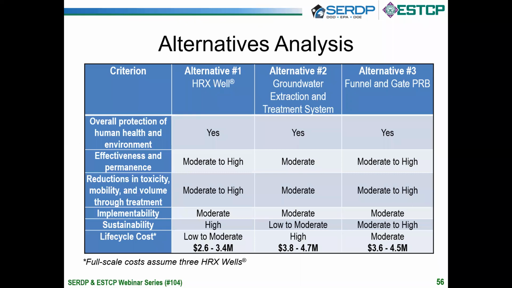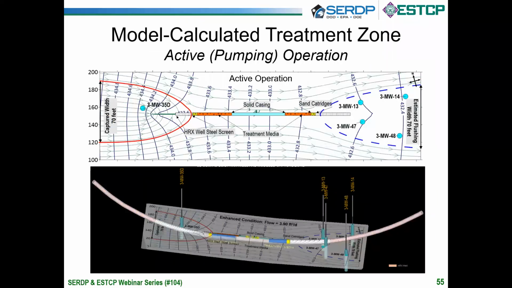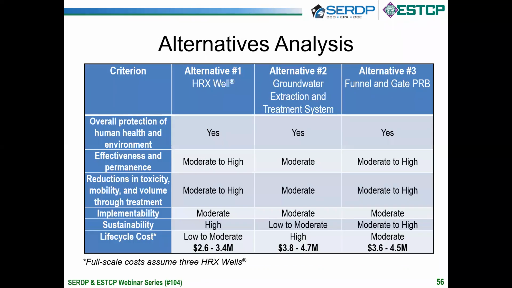I'll just highlight, in this particular scenario with that little bit of enhanced pumping, again, we're not talking about large flows and we're not bringing water to land surface, so the energy draw is very minimal. We were able to notably increase treatment zone size. So I think this has the potential to expand applications to more permeable sites.